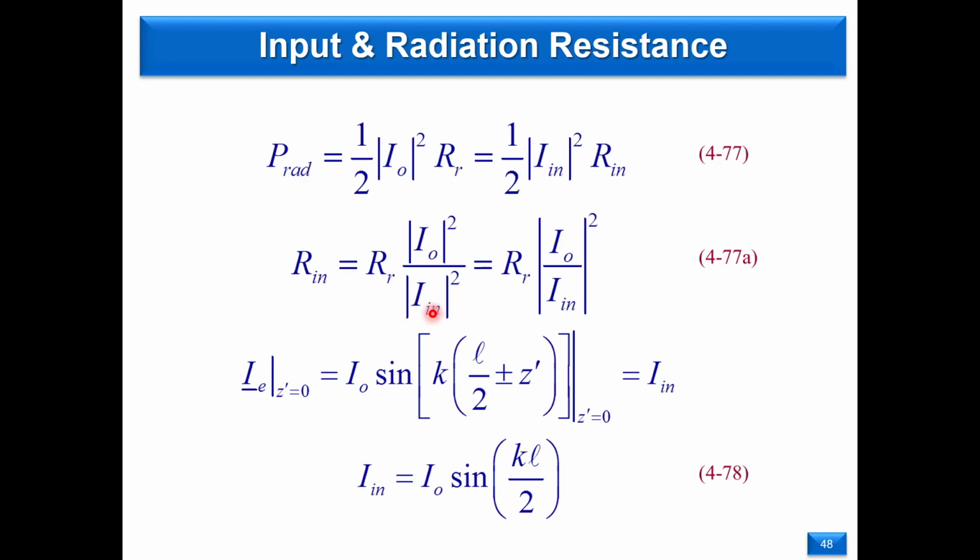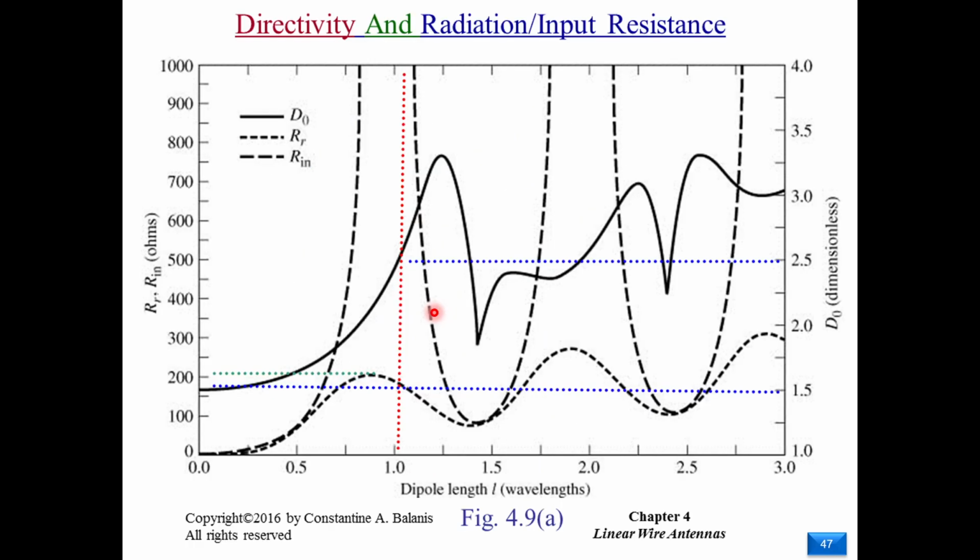I input is the current at z prime equals 0, so at the input of the dipole, while I naught is the maximum current on the whole distribution. So I naught is the maximum current, and I in is the current at the input of the dipole antenna.